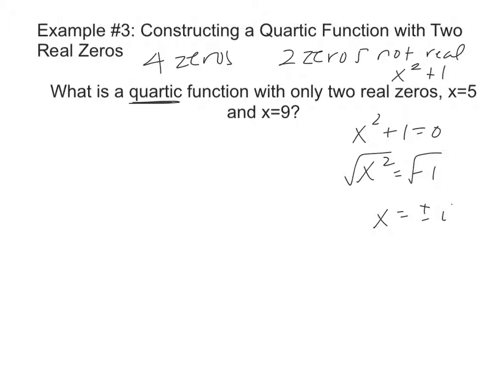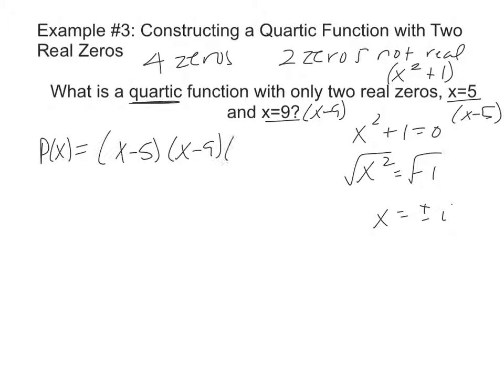So, in constructing our function, we're going to say p of x equals, we need to make factors of those. So this would be x minus 5, and this would be x minus 9. And then we can't forget that we're going to multiply by x squared plus 1. So here we go. x minus 5, x minus 9, then x squared plus 1. Okay? So I'm going to start by multiplying the first 2.